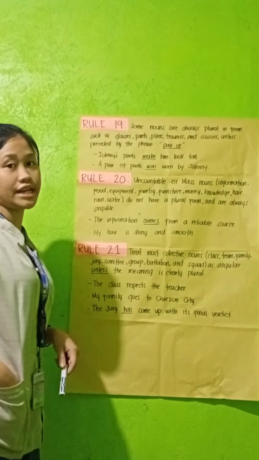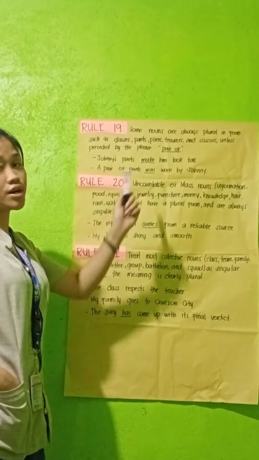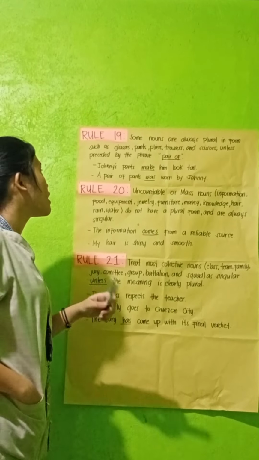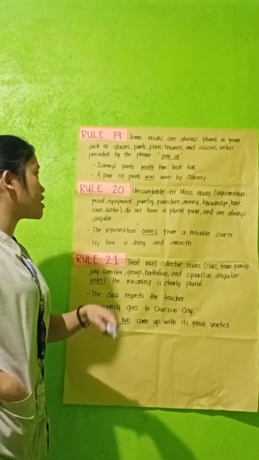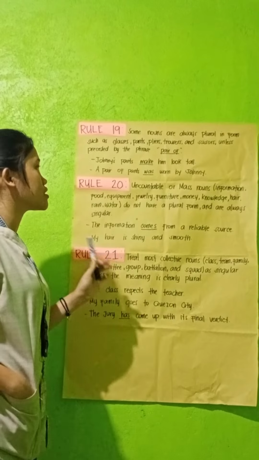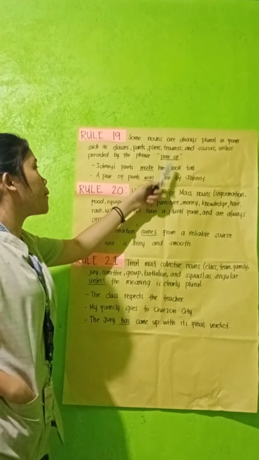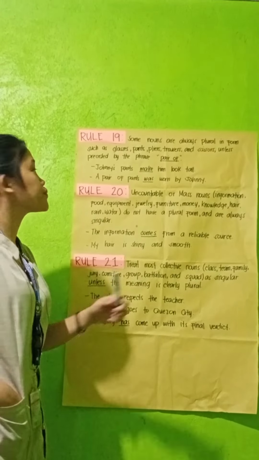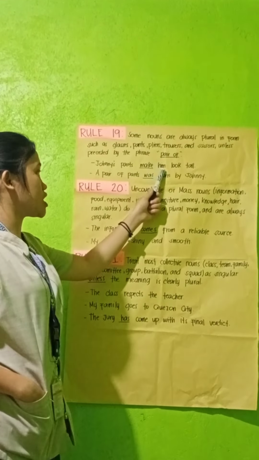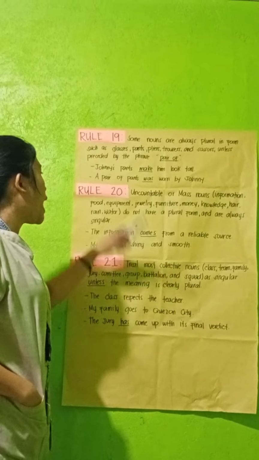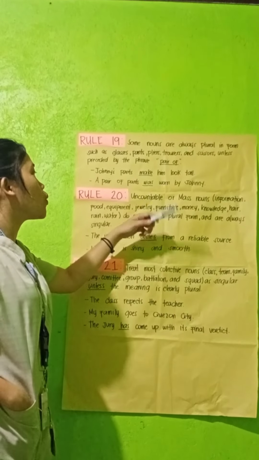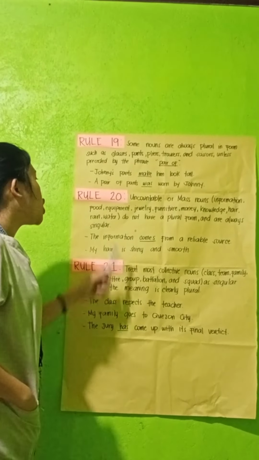Rule number 19. Some nouns are always plural in form, such as glasses, pants, pliers, trousers, and scissors, unless preceded by the phrase pair of. For example, Johnny's pants make him look tall. A pair of pants was worn by Johnny. Rule number 20.